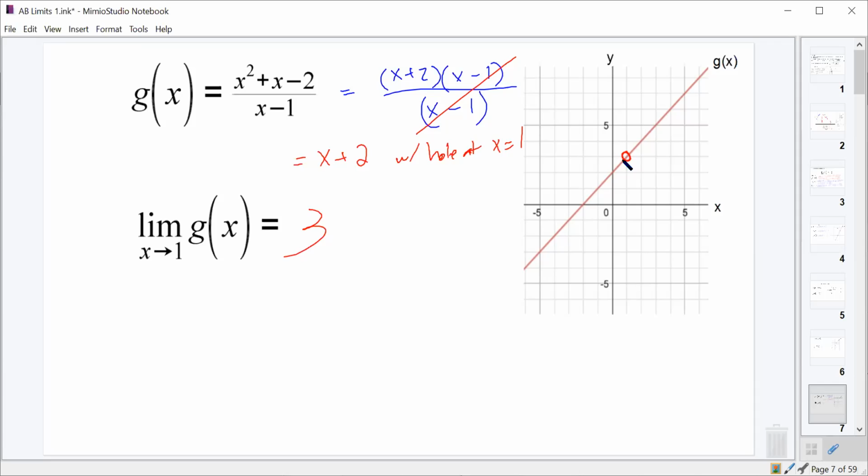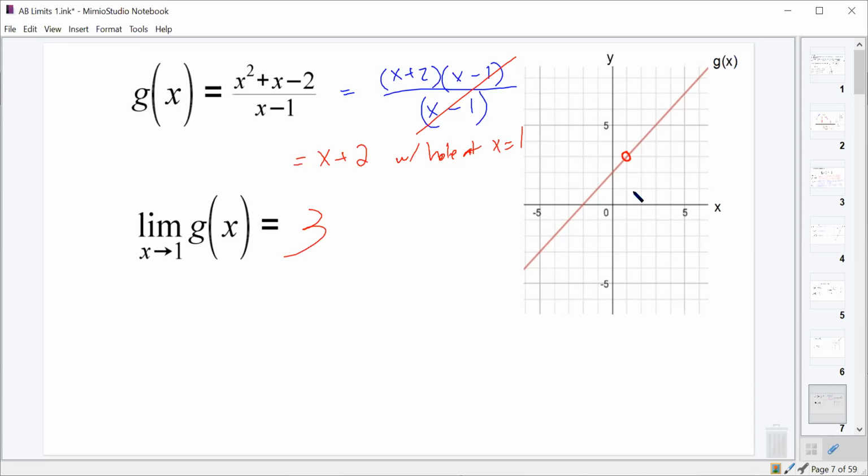And can I get as close to 3 as I want? Could I get 2.999999999 if I wanted to? Yeah, I just have to say 2.9999999 equals this and solve for x, right? That's all I have to do, and I would get the value. Could I get to 3.00000000000000001 if I wanted to?